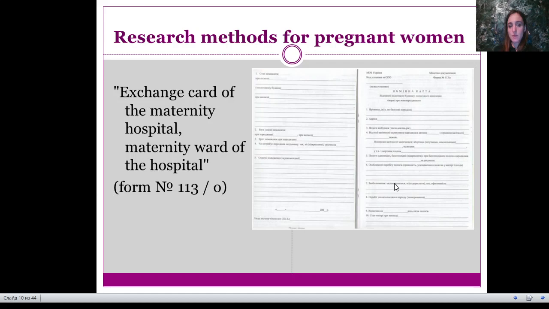And we have such methods for pregnant women. For example, on this picture, you can see a card of the hospital and form number 113.